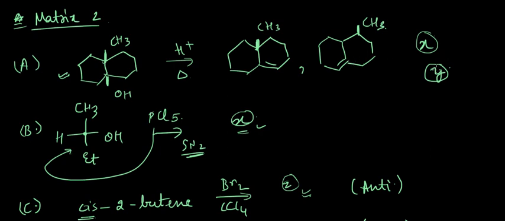So I think we won't be getting diastereomers. The Y should not be there. We'll be getting a racemic mixture, because these two are mirror images of each other. I wrote and gave this Y wrongly here. This would be a racemic mixture, so Z would be here.